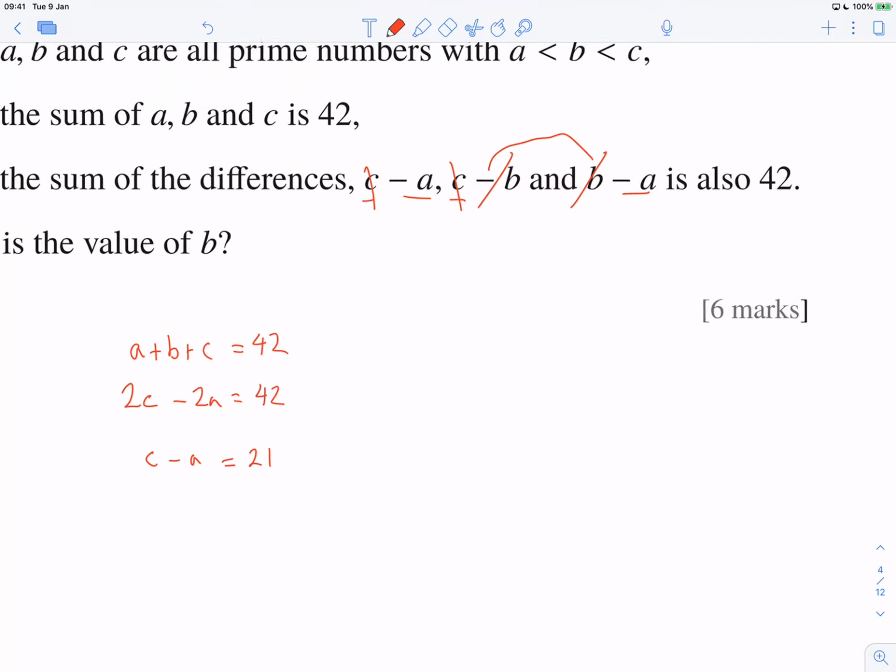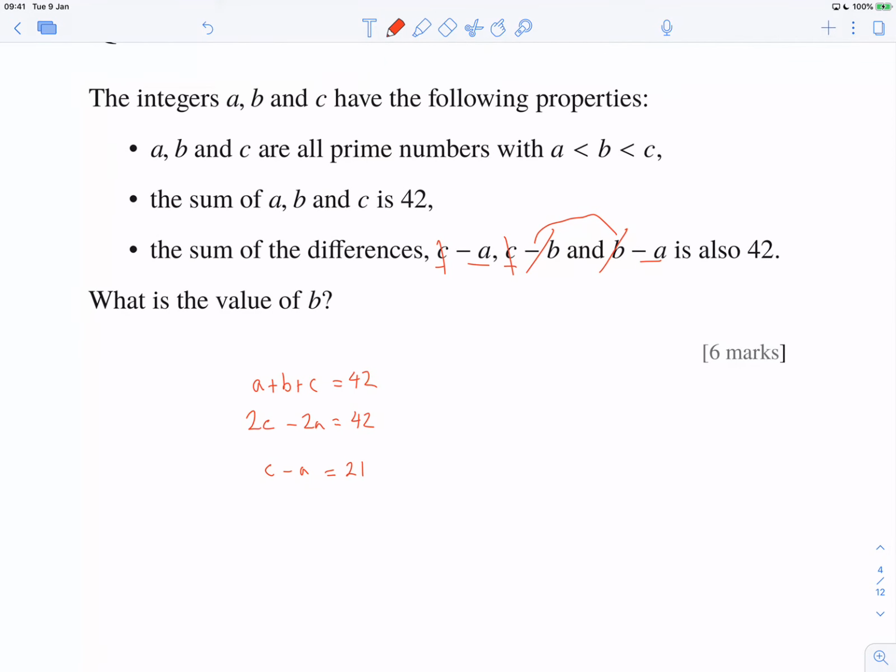And now I recall properties. If I have two odd numbers, because they're prime, right? Then an odd minus an odd is going to give me an even number. So the fact that c minus a gives me an odd number means that I must have done an odd number take away an even number to get an odd number, or an even take away an odd.